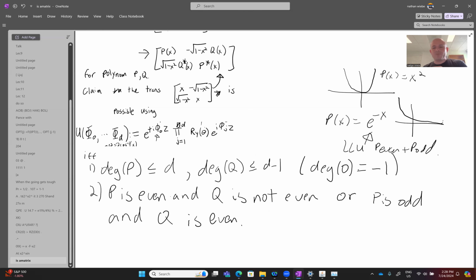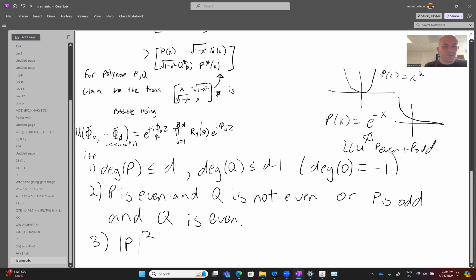Okay, so that's the restriction. And the third one, which is the most obvious restriction of them all, is that the absolute value of the p polynomial squared plus 1 minus x squared times the absolute value of the q polynomial squared has to equal 1. Why is that? Well, the reason this has to be true is that this needs to be built inside a unitary matrix.